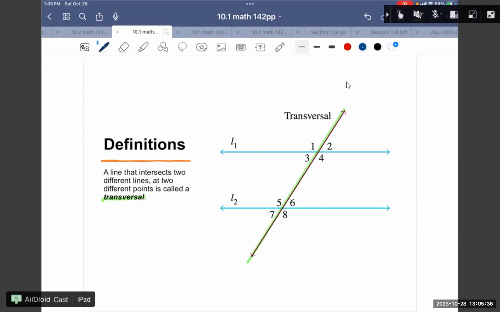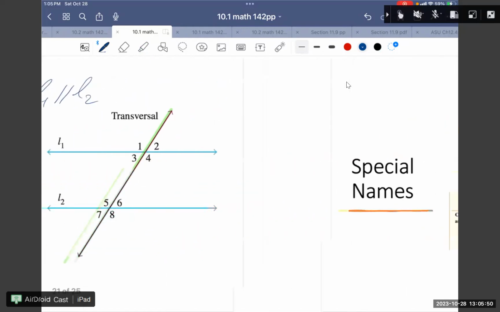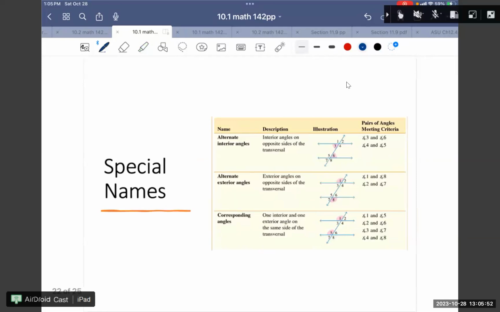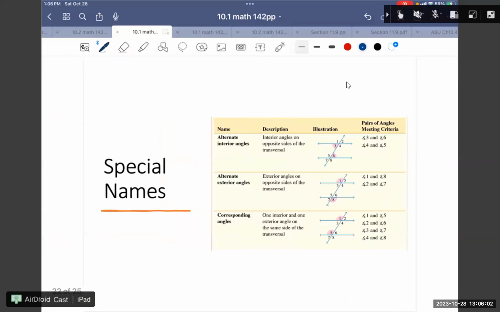But in this one, we have L1 parallel with L2. So we have special names for all of this.